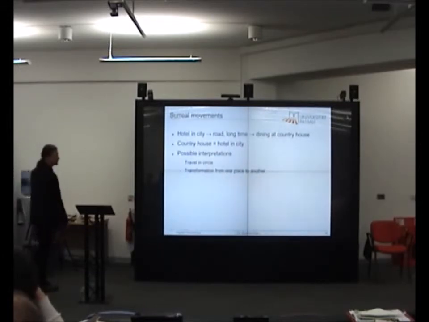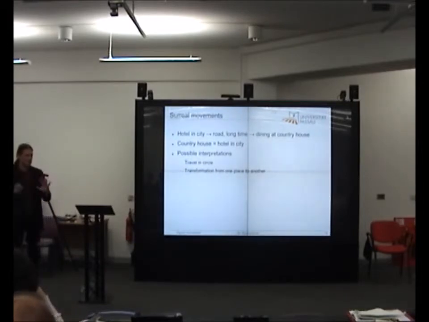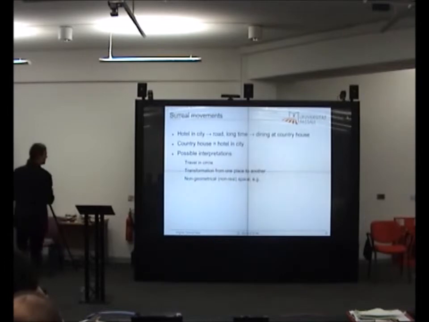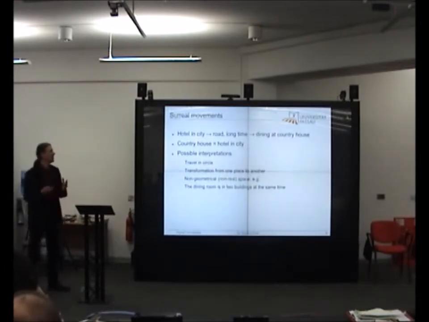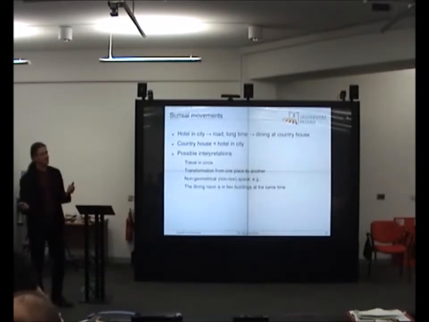It could be a transformation, this kind of science fiction, going from teleportation, something like that. But it doesn't make sense because it says in the novel quite explicitly, I realize now that this place is the rest of the hotel is over there. So it must be some sort of non-geometrical real space, or the dining room is in two buildings at the same place.